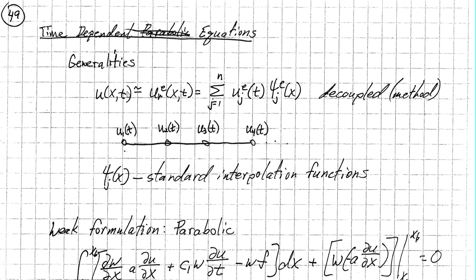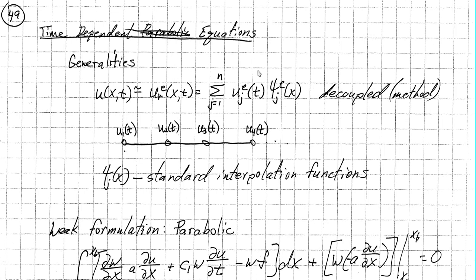You've got some displacement or temperature. It's a function of space in 1D and time. So we approximate it with our finite element nodal solutions, or finite element solutions in space and time, which includes decoupled nodal solutions that are time dependent.